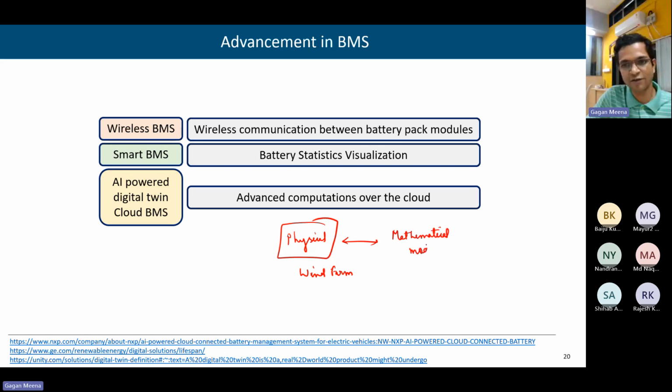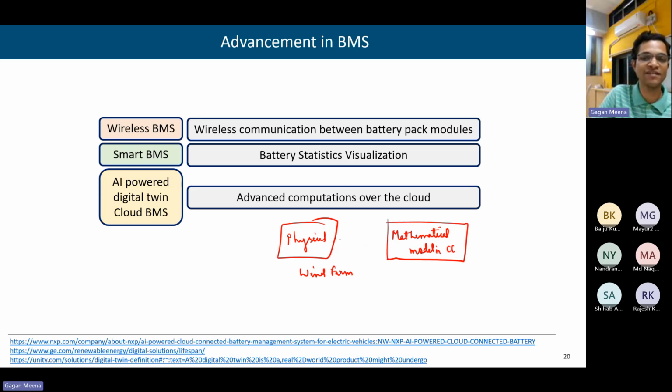It is there in the control center. And these two models can communicate with each other, because this physical model will have many sensors, and those sensors will feed the data via some communication channel to the control center.